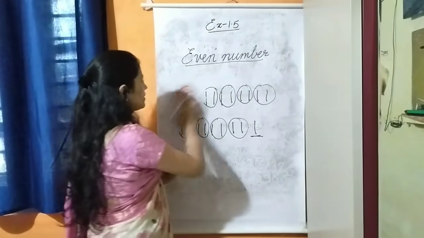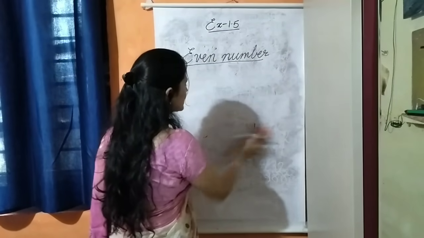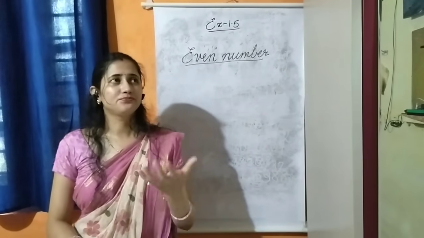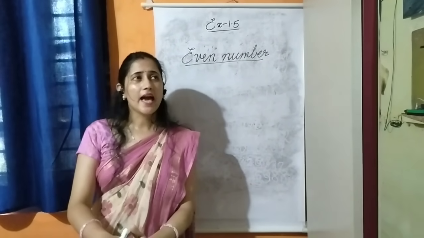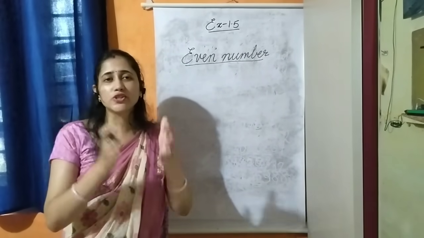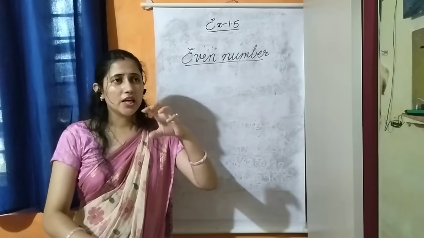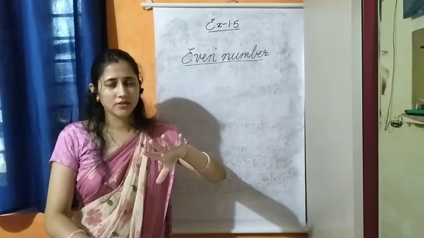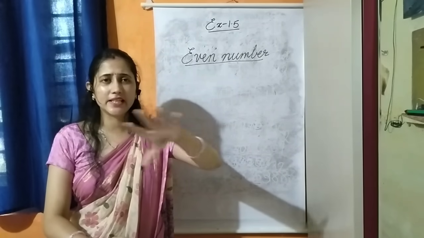Okay, for example, students, if you have 12 chocolates, and I ask you to distribute those 12 chocolates equally among 6 children, what will happen? 2, 2, 2, 2, each will get an equal amount.